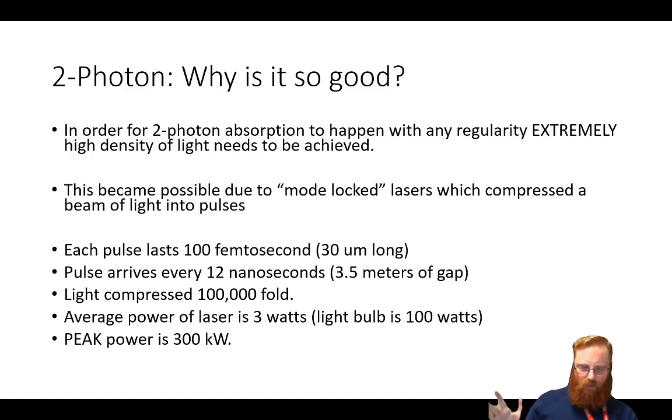So the average power of the laser is like 3 watts, right? That's like the power of the LED at the end of your TV remote, maybe, and your typical incandescent light bulb is 60 watts, 100 watts. So that sounds pretty unimpressive. But the peak power, the power in those little pulses, is 300 kilowatts, right?